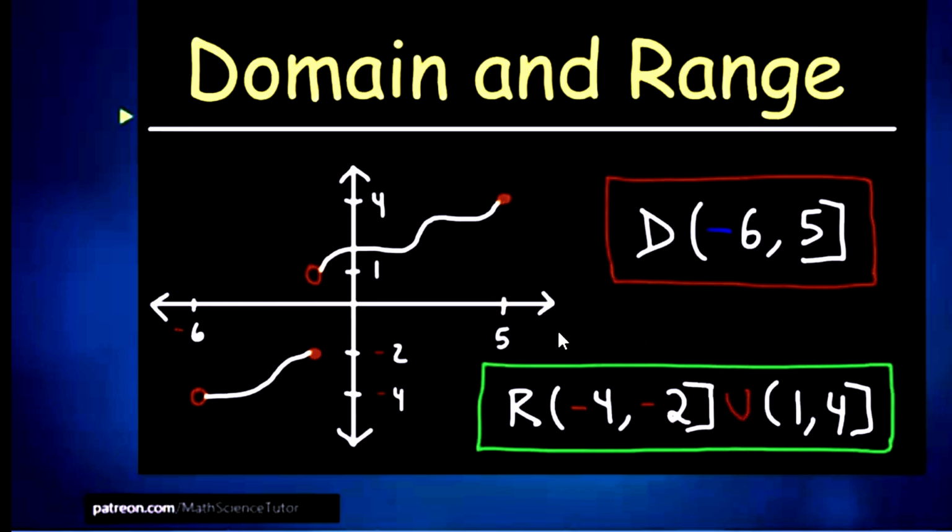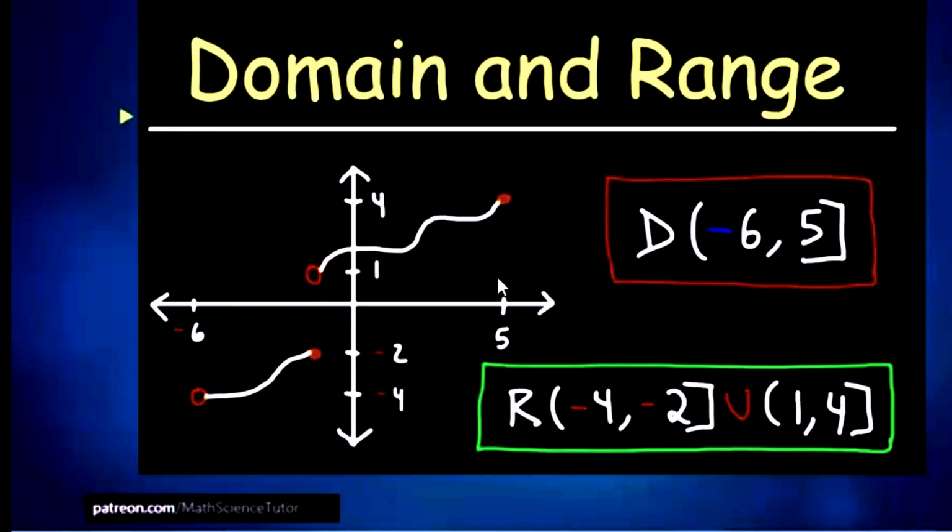So this portion of our range is in union with the remaining portion of our graph, which begins at +1 on the y-axis, but doesn't include +1, and then continues on to +4, but it actually includes +4, so we represent that with a closed bracket. So that's the range of our function, or how our graph is behaving along the y-axis.